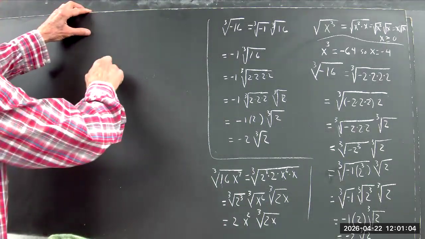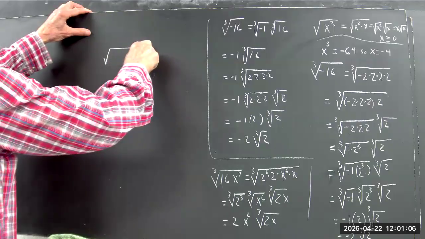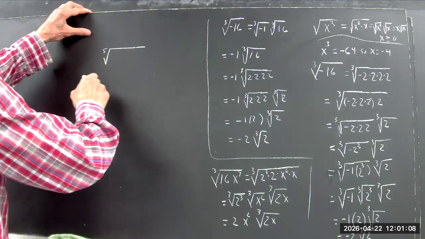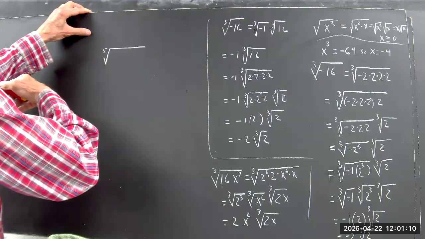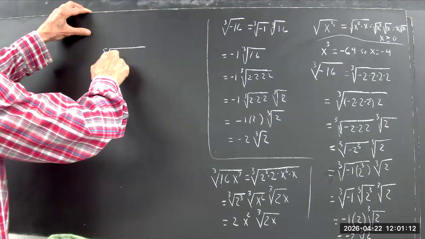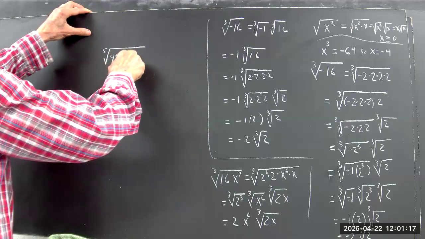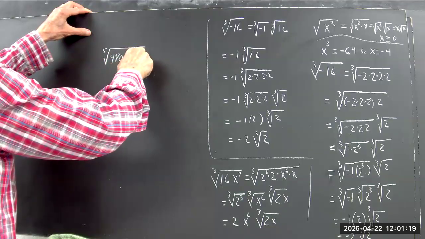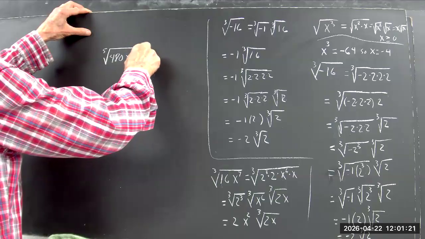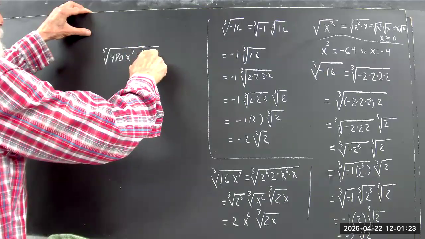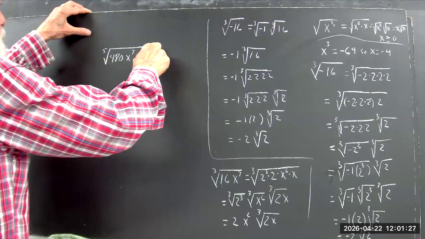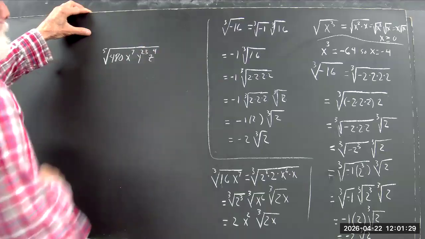Let's do another example. Let's do the 5th root of 480 x to the 7th, y to the 23rd, z to the 4th.